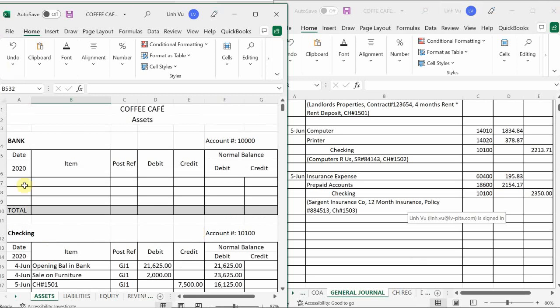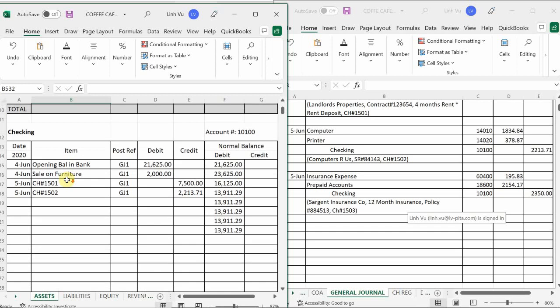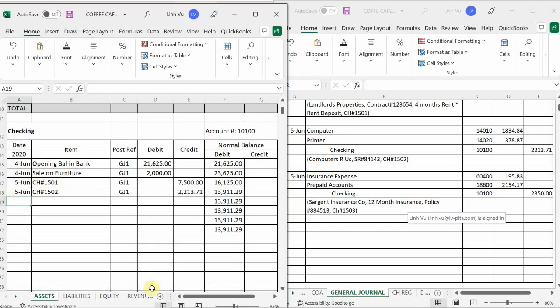All right. So we also wrote a check. Check number 1503.